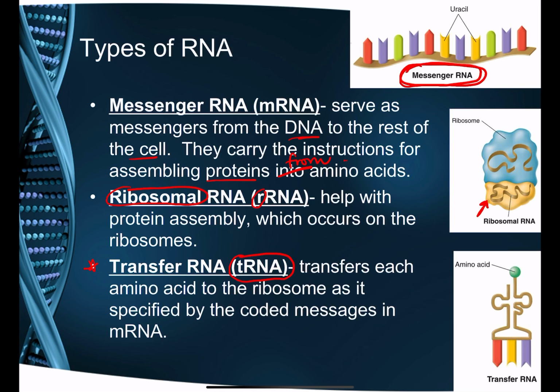And so we'll bring in a pearl, okay? And that pearl represents 1 amino acid. And then we'll bring in another pearl, and that's another amino acid. And then we'll bring in another pearl, and that's another amino acid. And then we'll bring in another pearl. So the transfer RNA is the one that's bringing in the pearls.